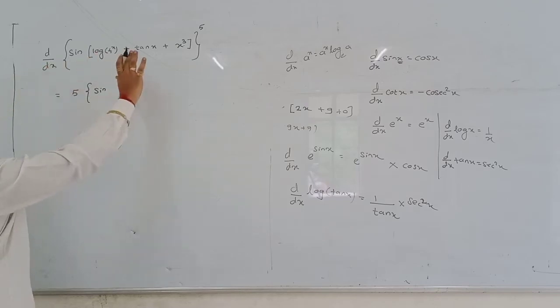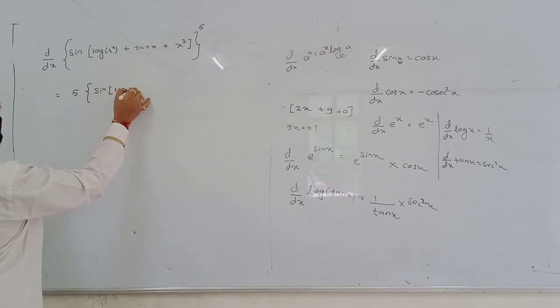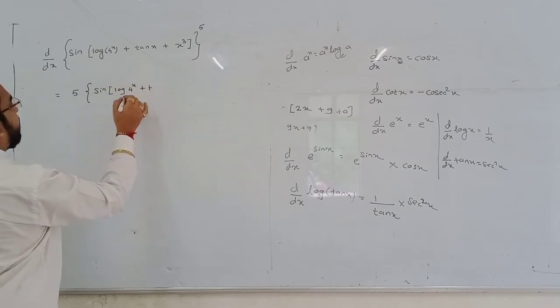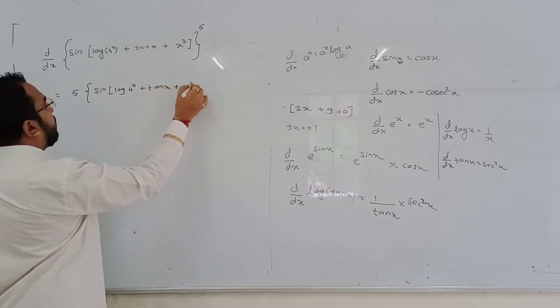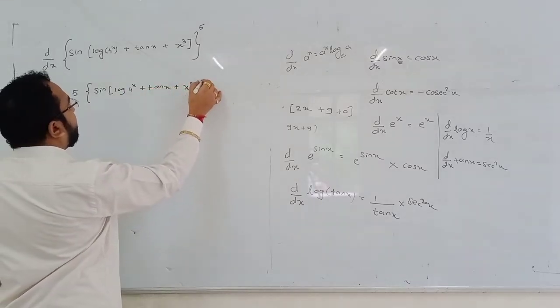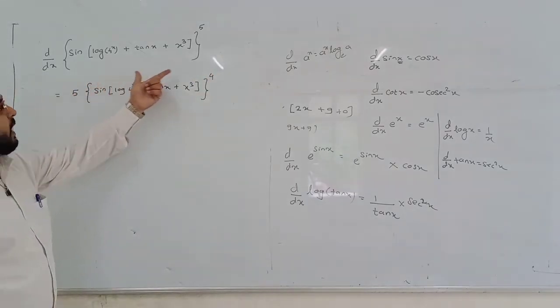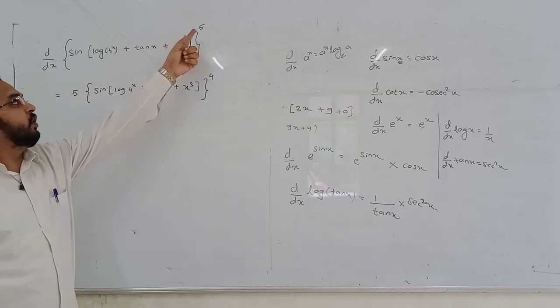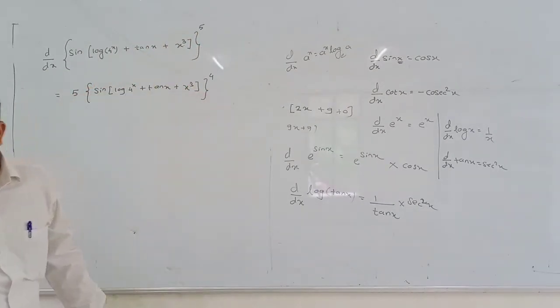Assume whatever is given inside the bracket as x, so it will be sin of log of 4 to the power x plus tan x plus x cube, bracket complete, and then curly bracket to the power 4. We used the power rule on the entire curly bracket. Here the 5 has come in front, and the power became 4.